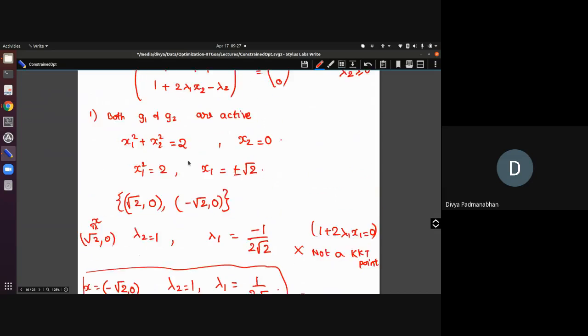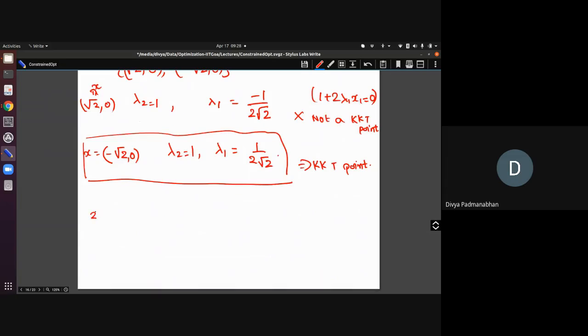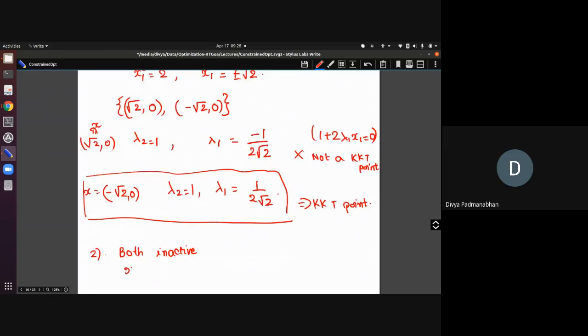Now this is a case where both these constraints were active, so you have to take all combinations and see what happens. Let's take the case where both are inactive. What this means is x1 square plus x2 square minus 2 is strictly less than 0, and minus x2 is also strictly less than 0.